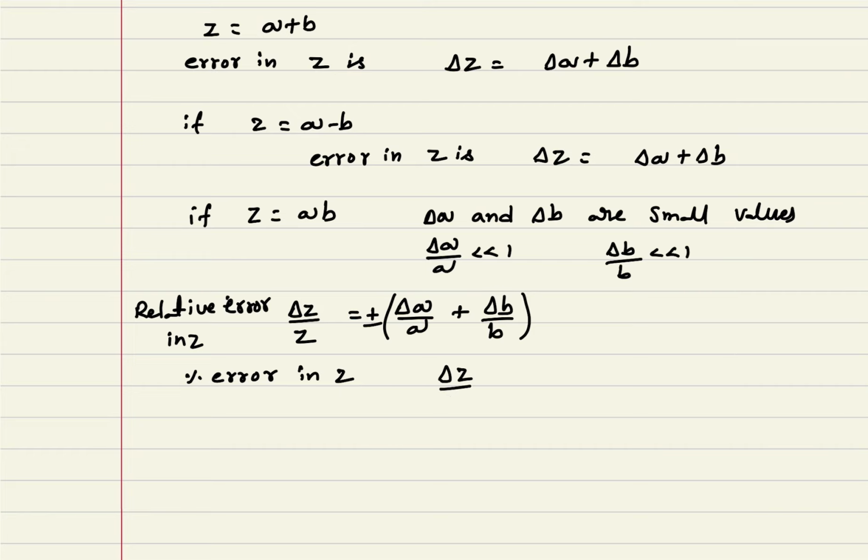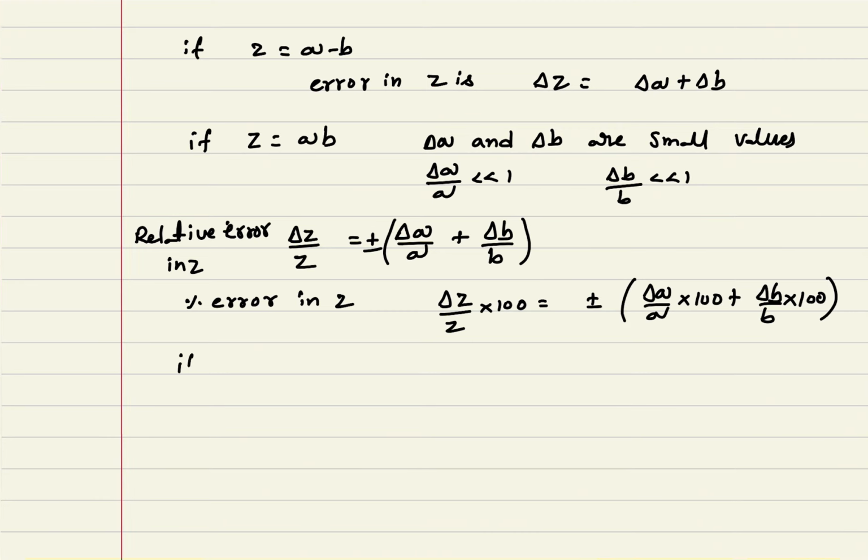Suppose I want to calculate the percentage error in Z. I can write delta Z by Z into 100 is equal to plus or minus delta A by A into 100 plus delta B by B into 100.